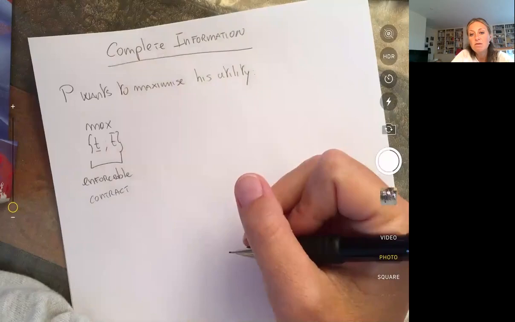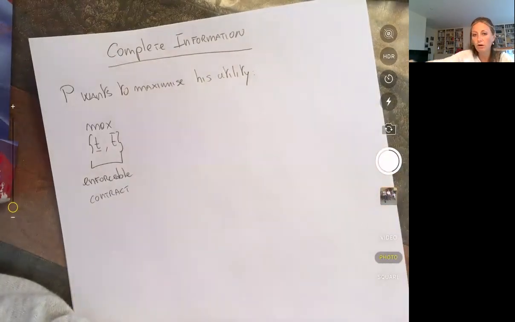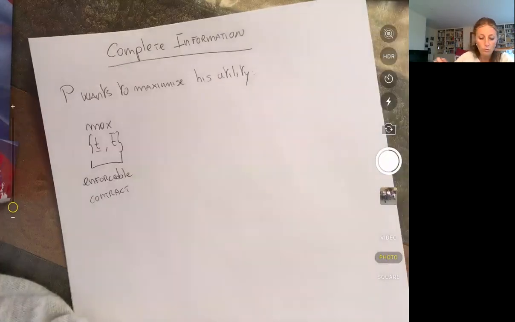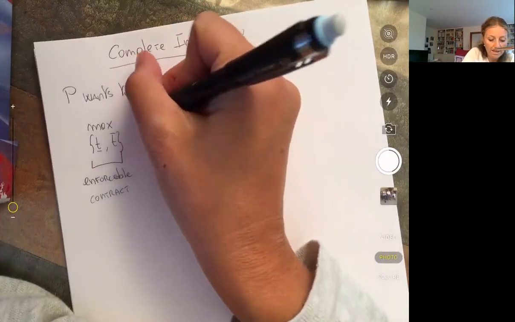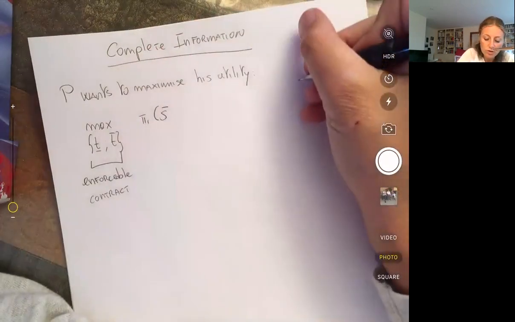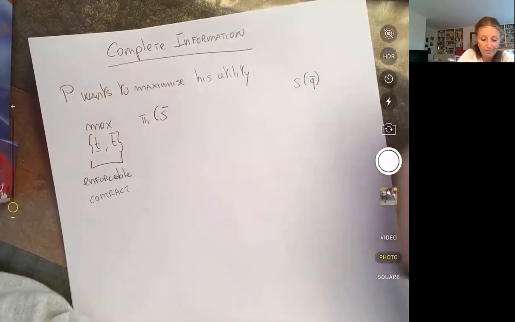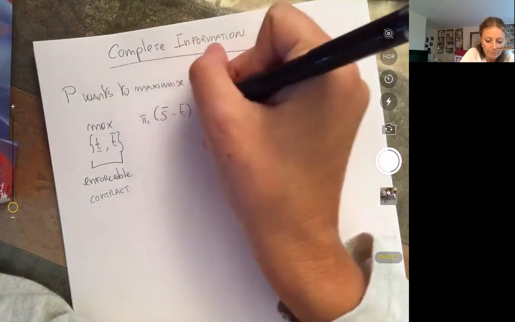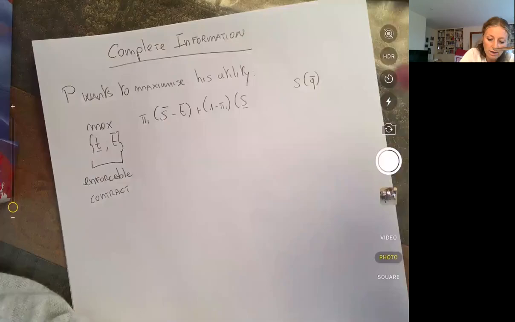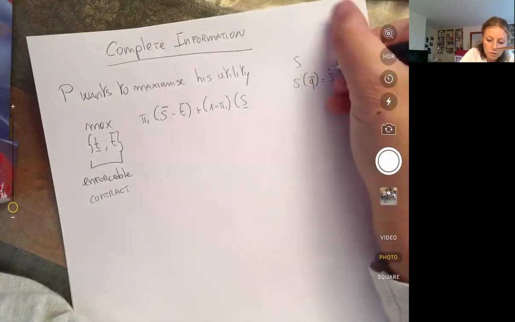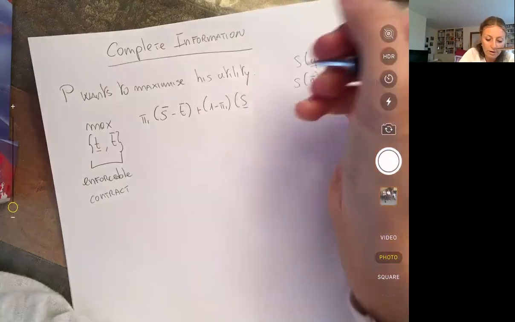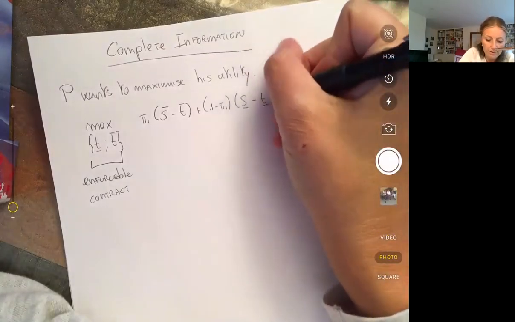Okay, so what was the utility function of the principal that we saw before? Do you remember? We can write down pi 1 S upper bar, which is shorthand for S of Q upper bar, minus T upper bar, plus 1 minus pi 1 S lower bar, which is shorthand for S of Q lower bar, minus T lower bar.